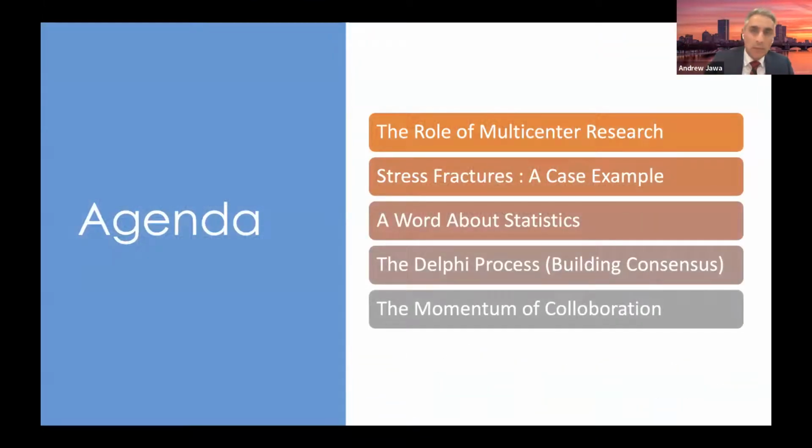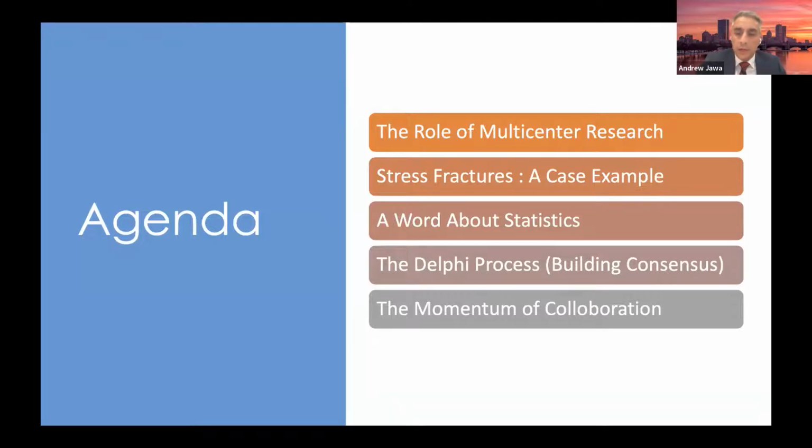So first, a little bit about the role of multi-center research. We've touched on that already, so I won't dwell on that. I'll talk about my experience with the stress fracture multi-center study as a case example, which will be a theme throughout this. A little bit of a word about statistics. I learned a lot about statistics in this process, and it really has affected me in terms of wanting to do more multi-center research and seeing the power of this.